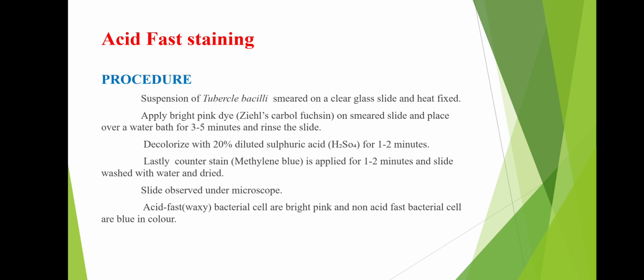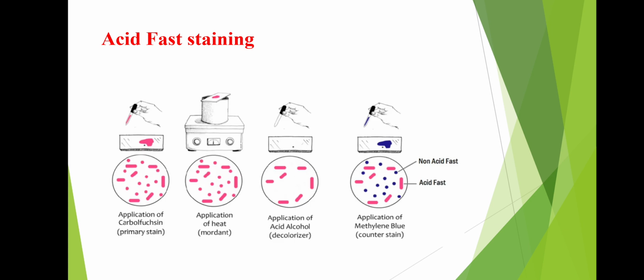Acid-fast waxy bacterial cells are bright pink and non-acid-fast bacterial cells are blue in color. This is the microscopic view: non-acid-fast bacteria appear blue in color and acid-fast bacteria appear pink in color. First we add the primary stain, carbol fuchsin.